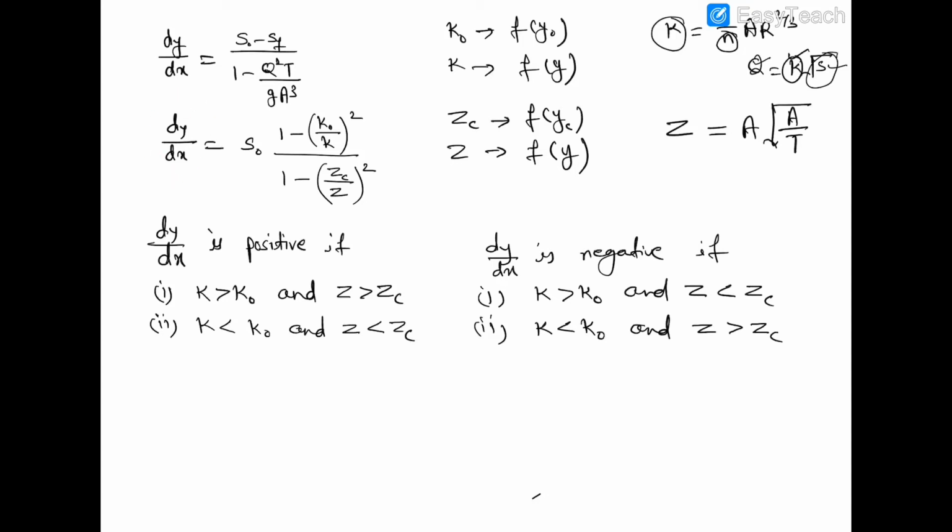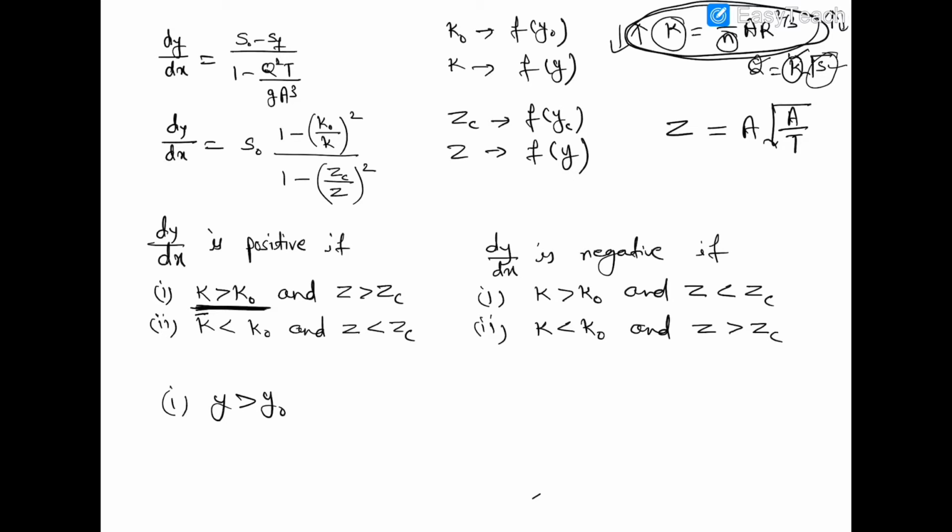depth of flow. See, K is greater than K naught. It means this is possible only when y is greater than y naught. Okay, here you can see in this equation, when y increases, K will also increase, and when y decreases, K will also decrease.